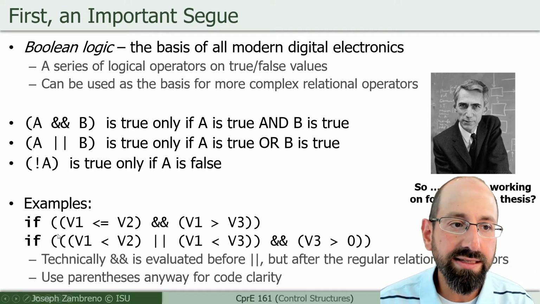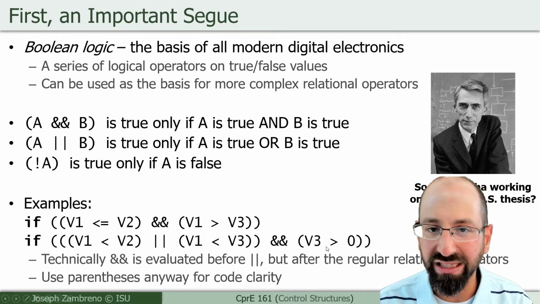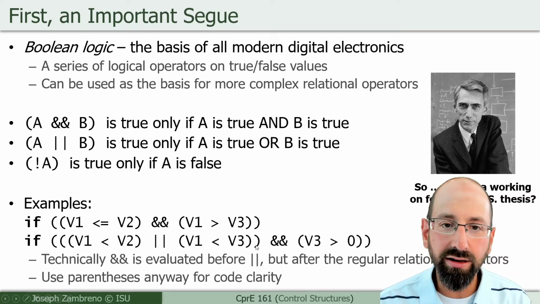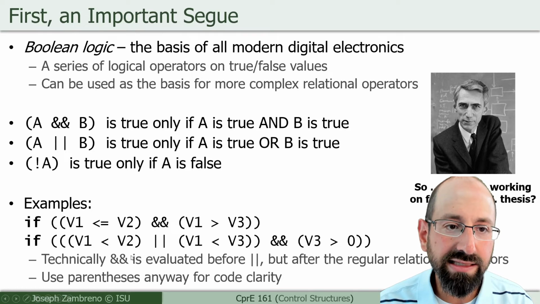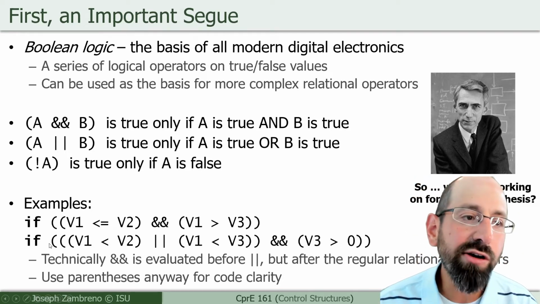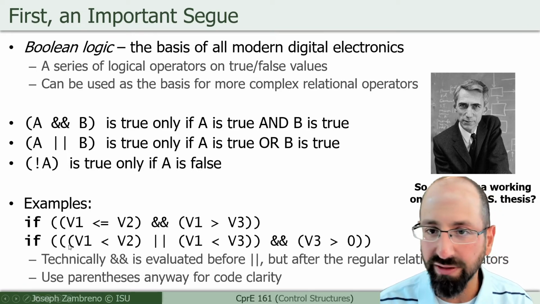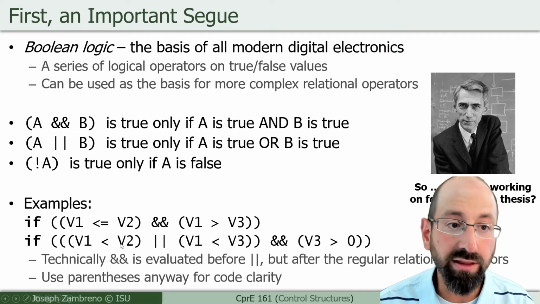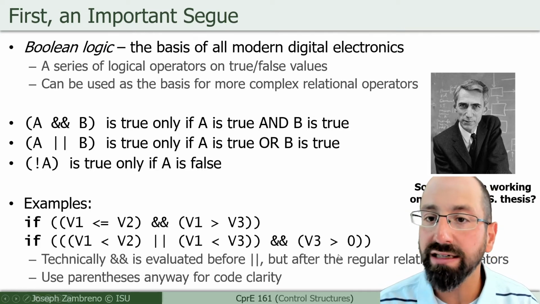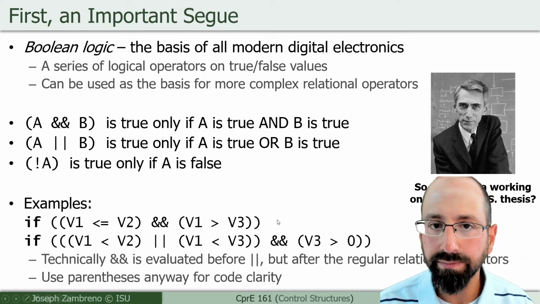With these extra parentheses here, although strictly this one is not required, it's quite clear that this whole thing on the left-hand side is one term, and then this thing on the right side is a second term. The entire if statement itself is within a set of parentheses, and that's why you're seeing a lot of parentheses here in this example. If v1 less than v2, or v1 less than v3, and as well v3 is greater than 0, only if all that is true, then you actually take that if statement there.